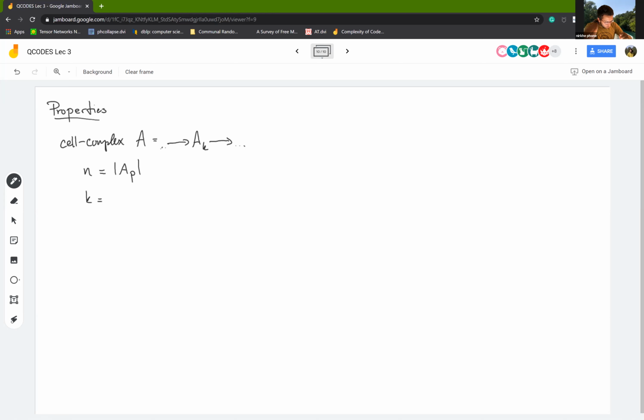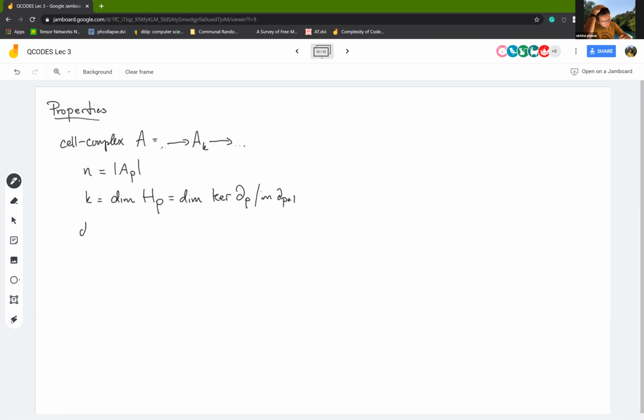The number of logical qubits is the dimension of the pth homology group, which is the dimension of the kernel of this divided by the image of this.